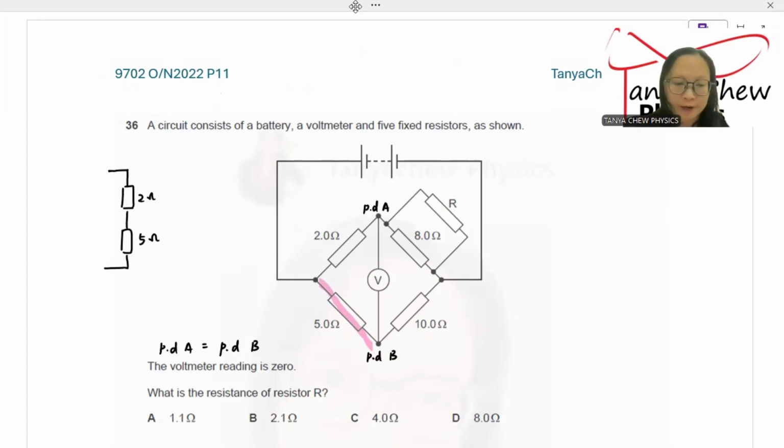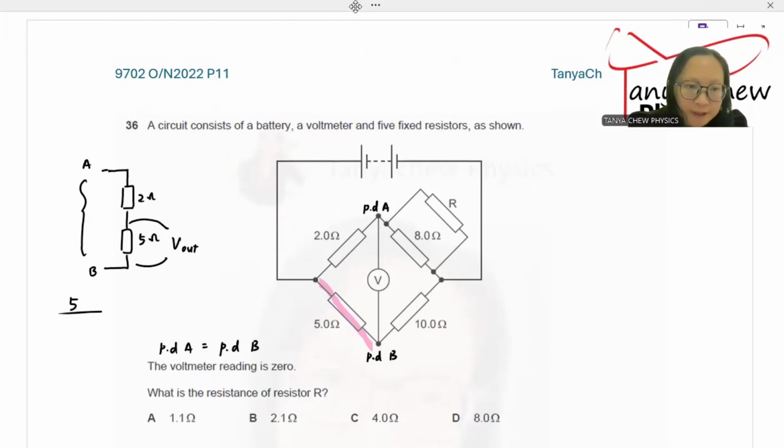So the PD between point A and point B, this is the V output, V out. So 5 divided by the total resistance, which is 7, is equal to V output over V across AB.